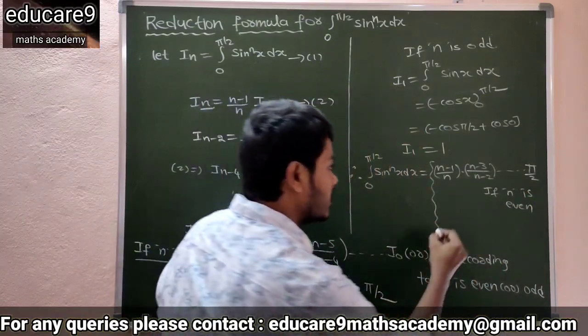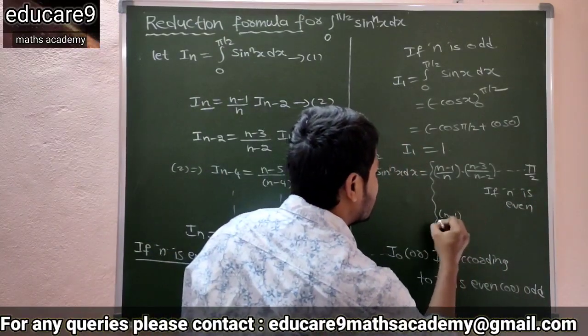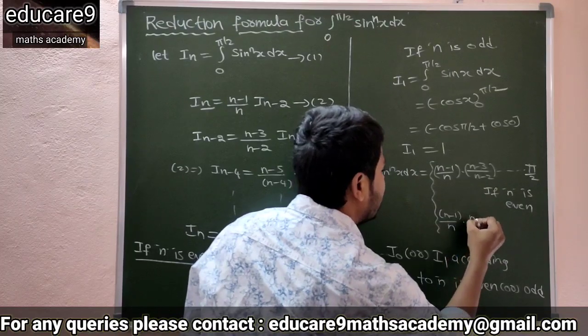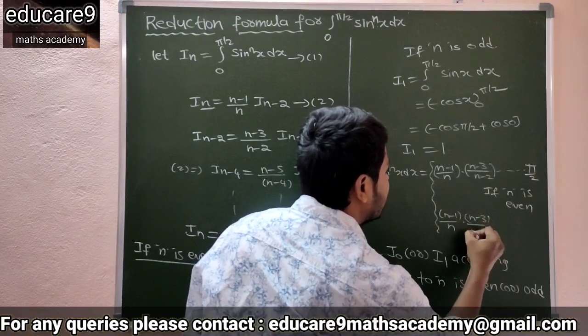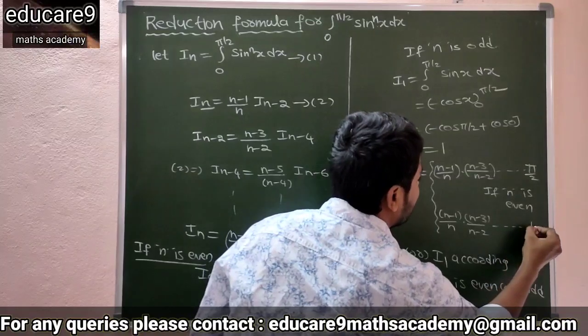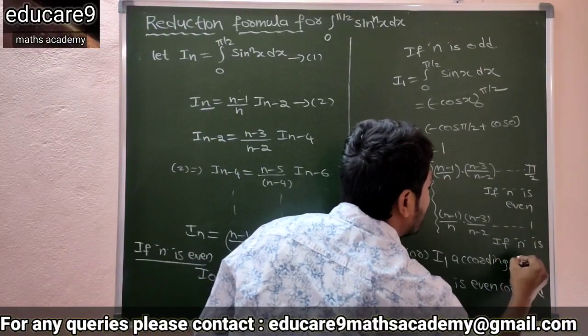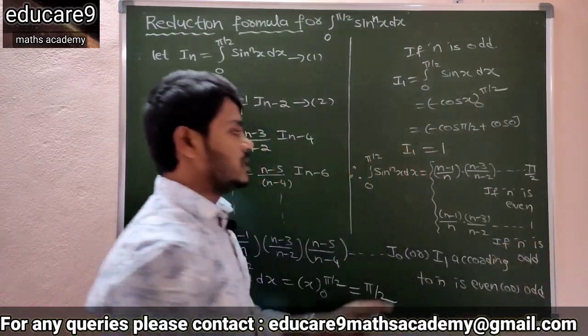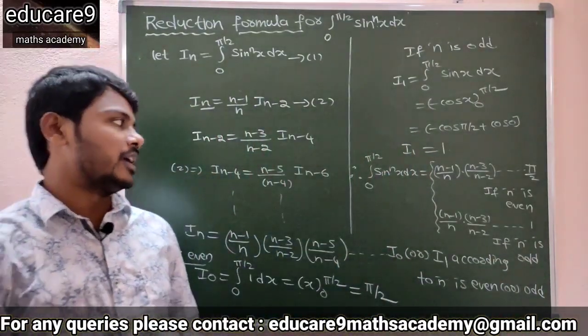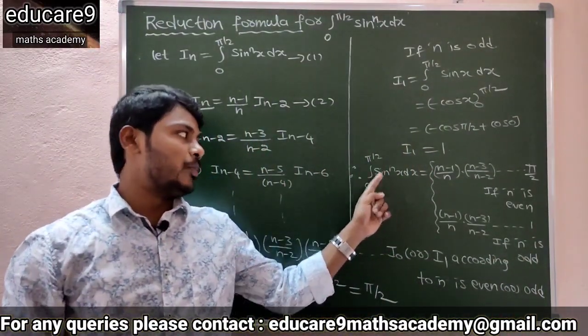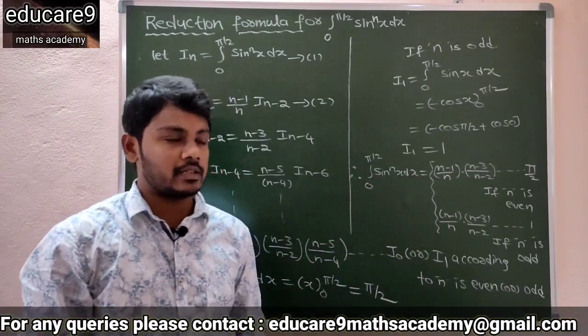Okay. So next one, (n minus 1)/n and (n minus 3)/(n minus 2), and so on, times 1 if n is odd. So this is the reduction formula for the integral from 0 to pi by 2 of sin^n x dx.